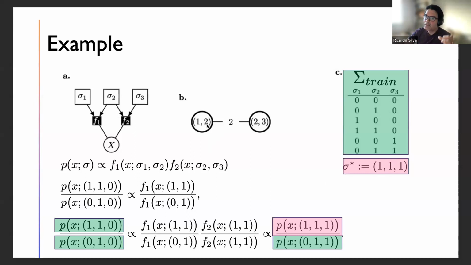This is actually a type of message passing scheme where I'm able to decompose subsets of the factors in independent sets where I can just think about agreement on the intersection of these sets.